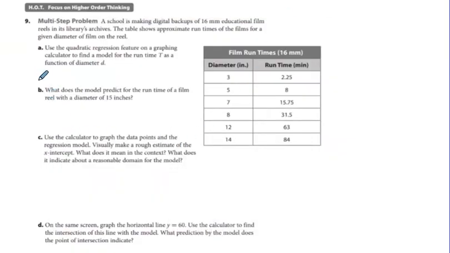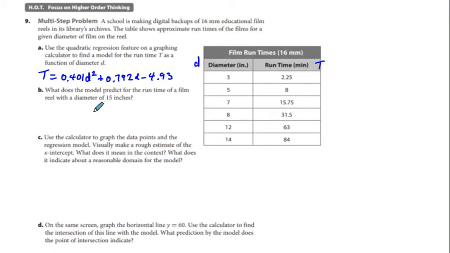We'll say t is dependent on d, so t is equal to 0.401 d squared plus 0.792 d, and finally minus 4.93.